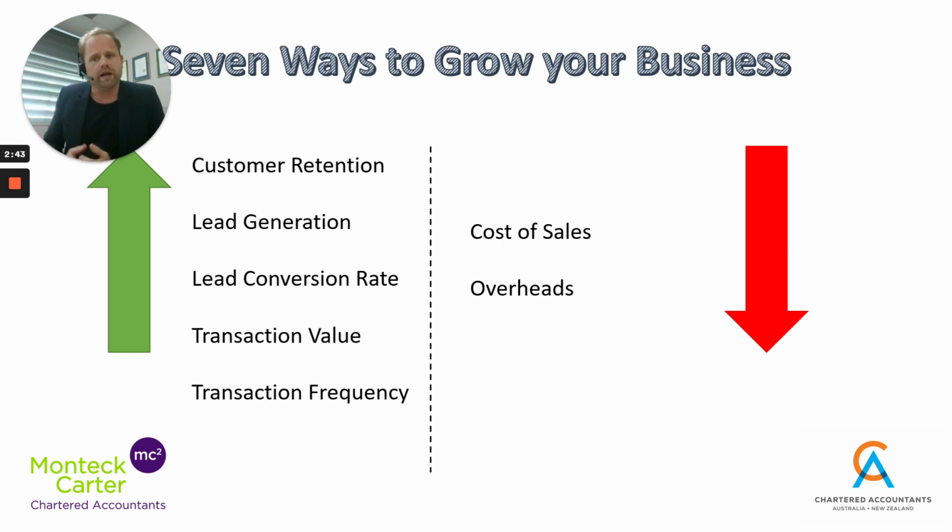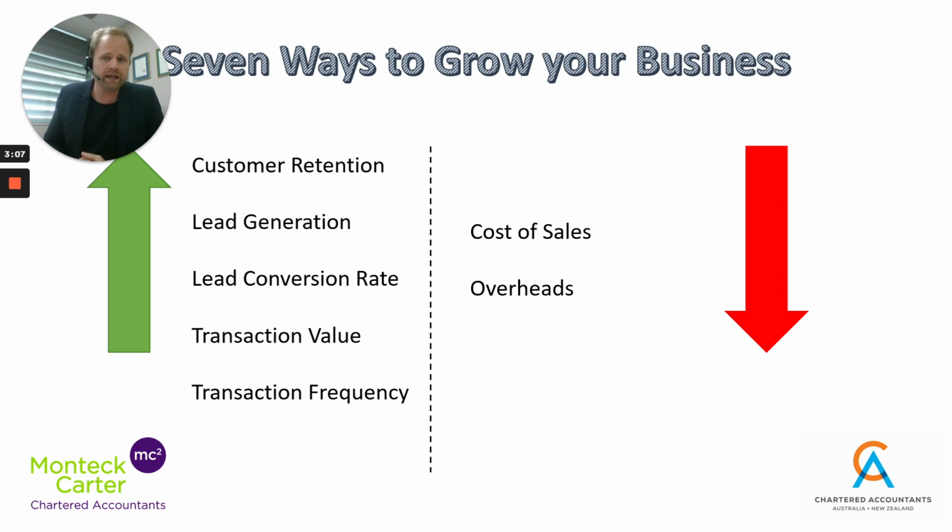Alternatively, increasing price obviously is going to increase our sales value. And finally, if we can find a way to sell more to our clients, i.e., we sell more regularly and therefore the transaction frequency is increased, we're obviously going to increase our overall sales.